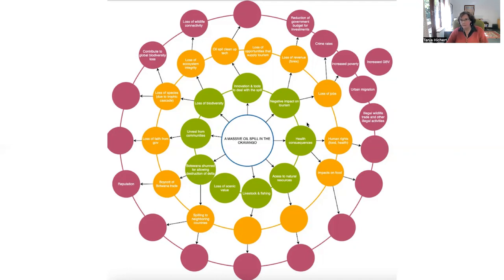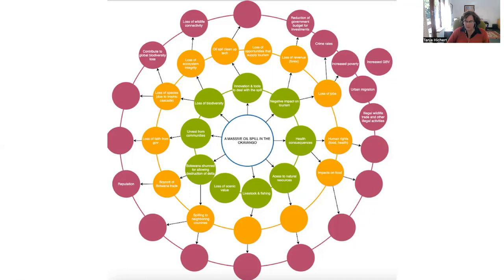And then the red dots, the consequences of the consequences, the impacts of the impacts, if that makes sense. So this will obviously have a very negative impact on tourism, but negative impact on tourism is going to imply loss of jobs, it's going to imply increased poverty. So you can see this logic of what if, what if, what if.